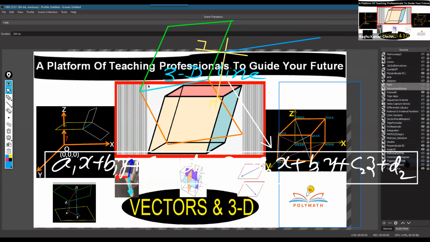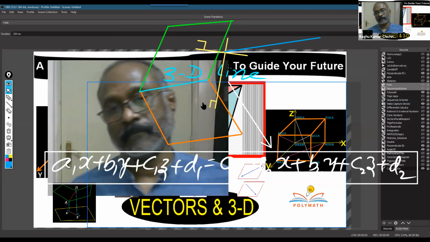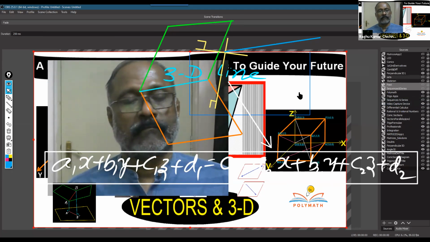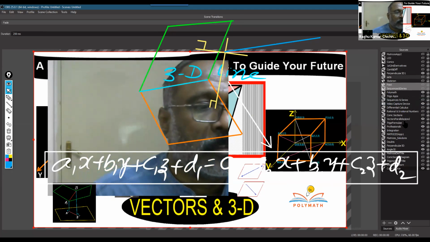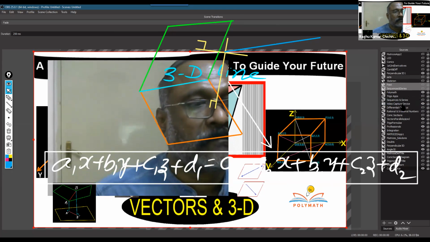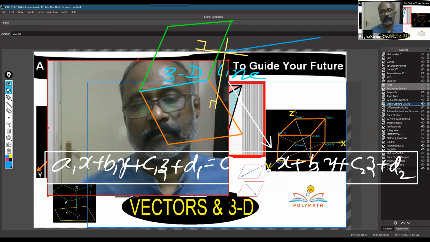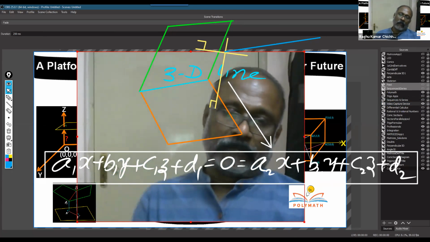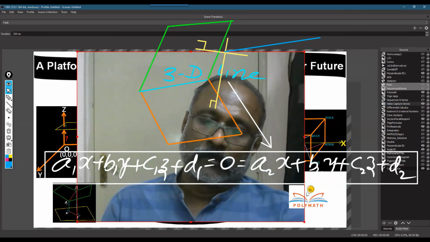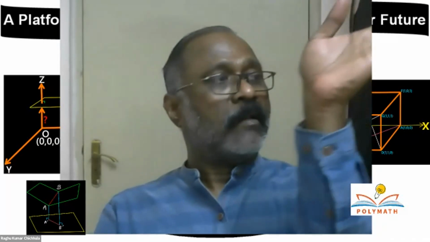Now, let me show you that. For example, this is one plane.